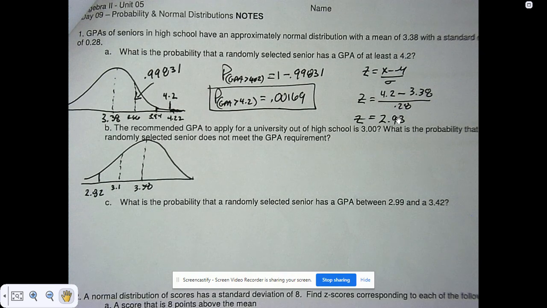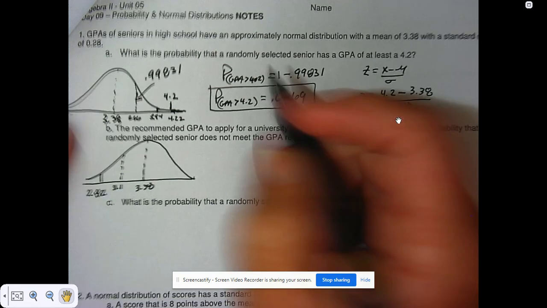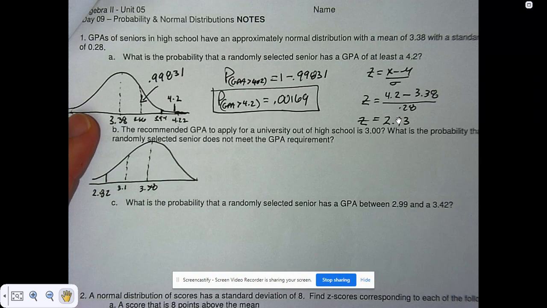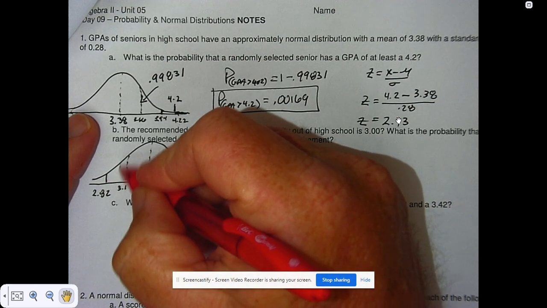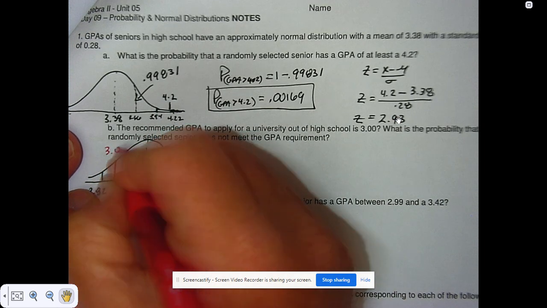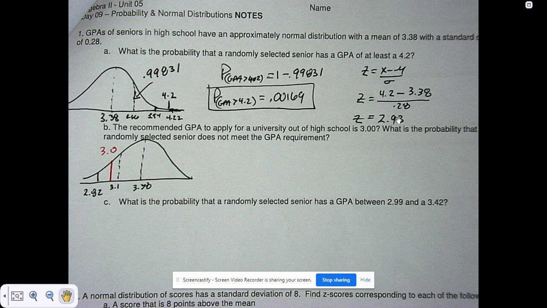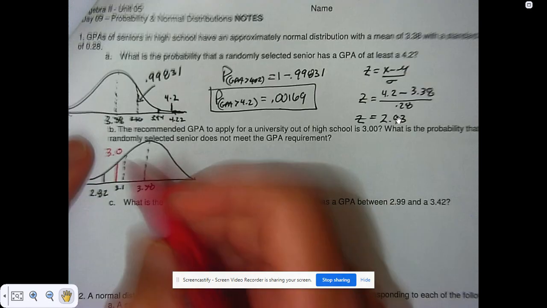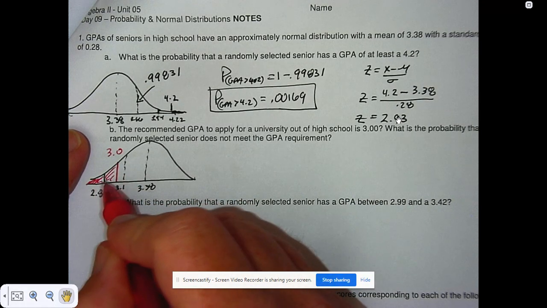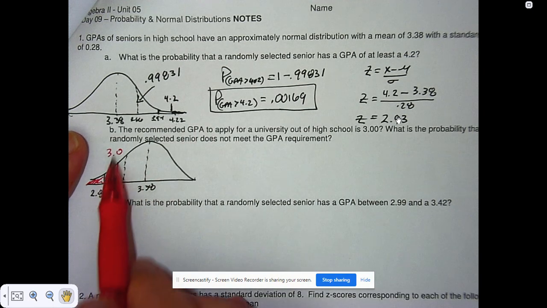So again, the recommended GPA for applying for university out of high school is 3.0. 3.0 is going to put us right about here. Okay, that's 3.0. And we want the probability that a randomly selected senior does not meet the GPA standard. So what we want is this area here. We want the GPAs that are less than 3.0.